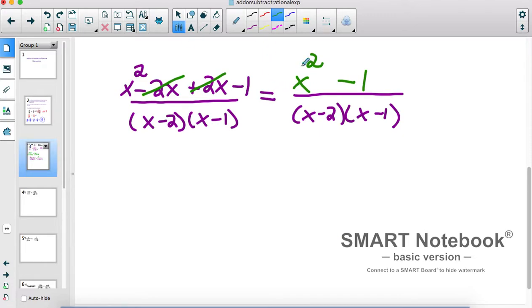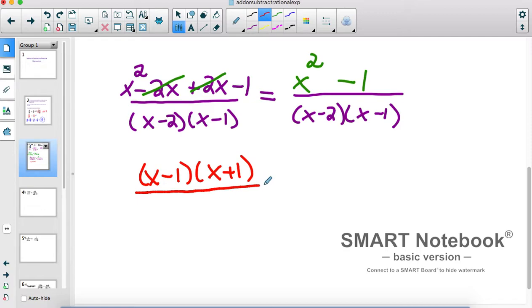But you'll notice the top here can be factored. So let's just factor it because we want to see if we can cross anything out. So this top quadratic is the difference of two squares. So it's going to be x minus 1 times x plus 1, divided by my denominator, x minus 2 and x minus 1.